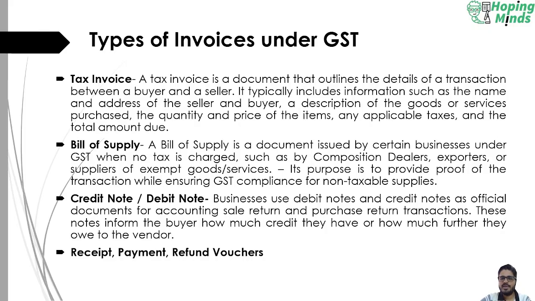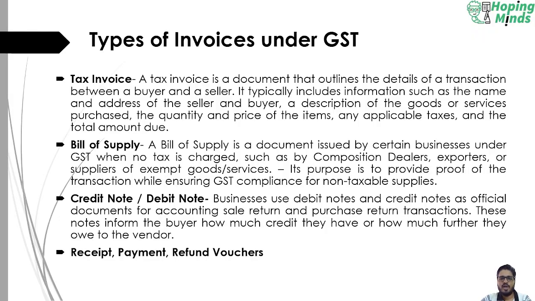Tax invoice must be in the prescribed format. At the time of filing of GSTR1 return, all the relevant details of tax invoice are required to be filled up in the GSTR1 return. Details like invoice number, invoice date, taxable value, quantity, then buyer's GST number, etc.